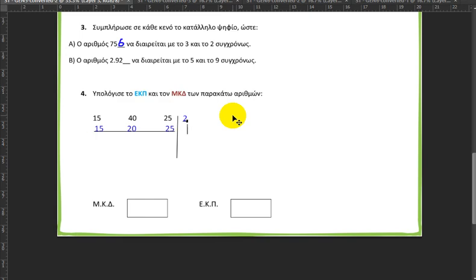All right, then 2 again. And this entire row stays the same except for the 20, which we're going to make 10. And then we're going to divide by 2 again. Here, this 20 divided by 2 became 10, and then we divide by 2 again, and it becomes 5.